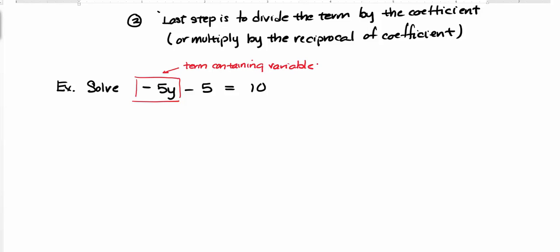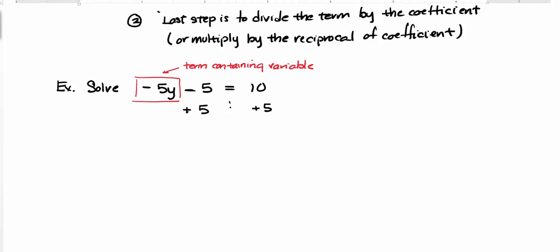We want to first get that by itself. We have this minus 5 here, so we treat the negative 5y as one block and get rid of everything else on that side. Just like in the one-step equation, we do the opposite of minus 5, and we add 5.